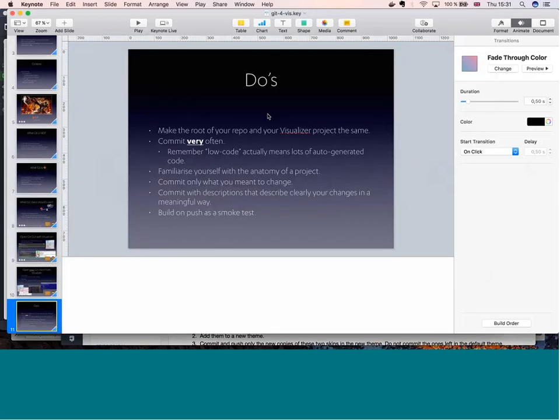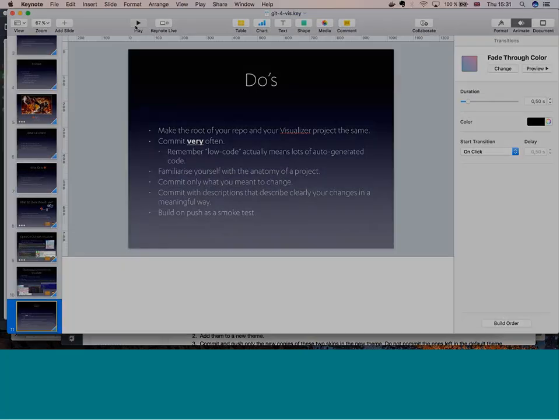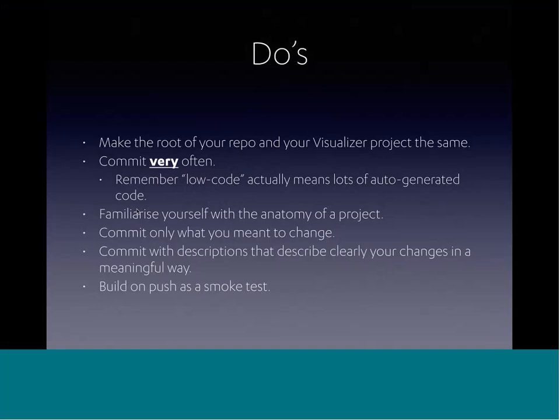So that's one thing. Then the other thing is you have to commit very often, right? And when I say very, I say it in bold and underscore, because it's something that, through any article about Git, you're going to see you should commit often.